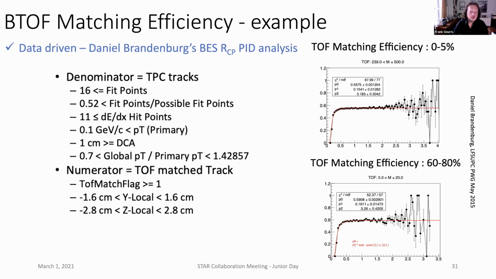It depends on what your... I mean, that's why I put the criteria that Daniel used in his analysis on the left side. It strongly depends on what you put, for example, in the numerator. If you put any stringent cuts on Y local and Z local, you effectively are reducing the matching efficiency.